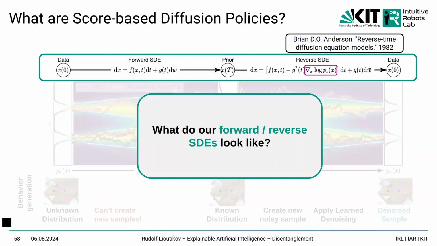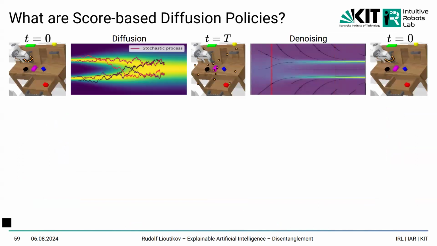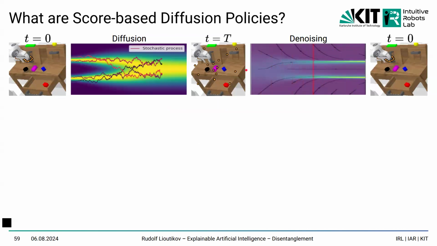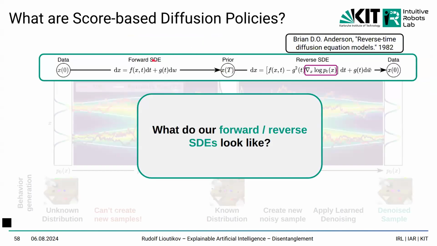So what does our SDE actually look like? We selected a forward SDE that already contains a score function, following score-based diffusion and the EDM-based formulations. The beauty of this is that we only have F and G, which are just placeholder functions we can select.